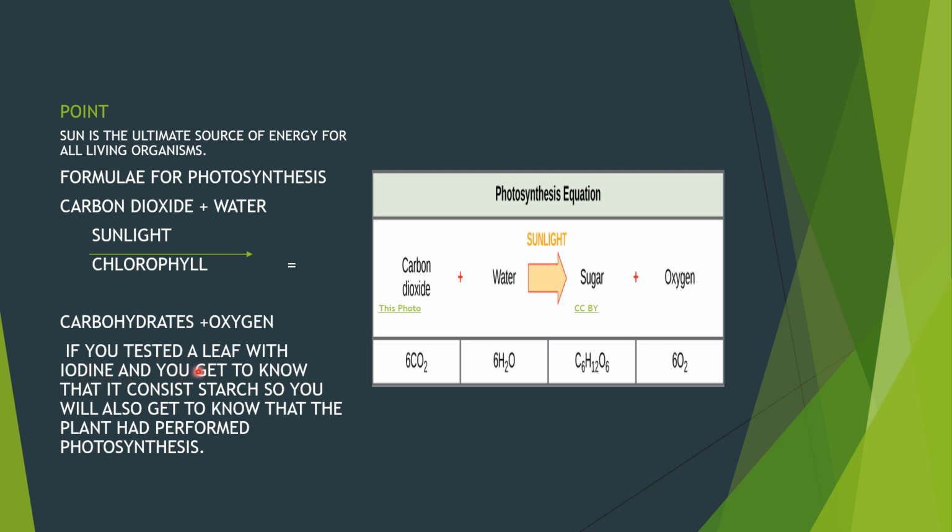If you test a leaf with iodine and find that it contains starch, you will know that the plant has performed photosynthesis. You take a leaf, but a leaf has plant cells and chlorophyll. So we first have to boil the leaf in water.